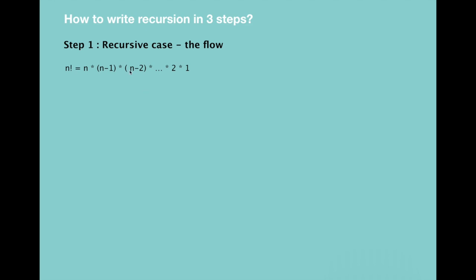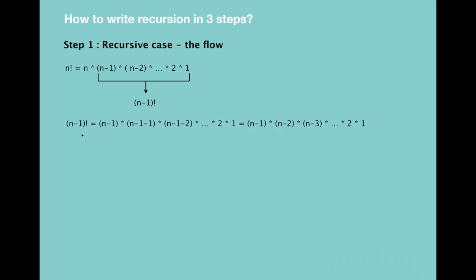So how can we write this recursively, to have a factorial on both the left and right sides of this equation? If we look at this carefully, we can see that this part over here can be expressed as (n-1) factorial. If it is not clear, let's calculate the factorial of n-1 separately. The factorial of n-1 is calculated like this: n-1 multiplied by n-1 minus 1, then multiplied by n-1 minus 2, and it continues until we reach 1.